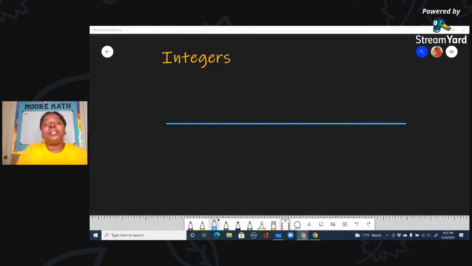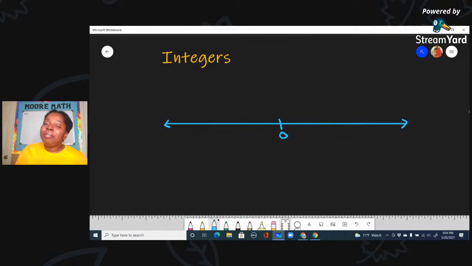So integers are positive numbers, negative numbers, and 0. Remember, 0 is neutral. It is not positive or negative. So if we have a number line, I'm going to draw 0. And on this number line, the numbers on the right go on forever and ever all the way to infinity.